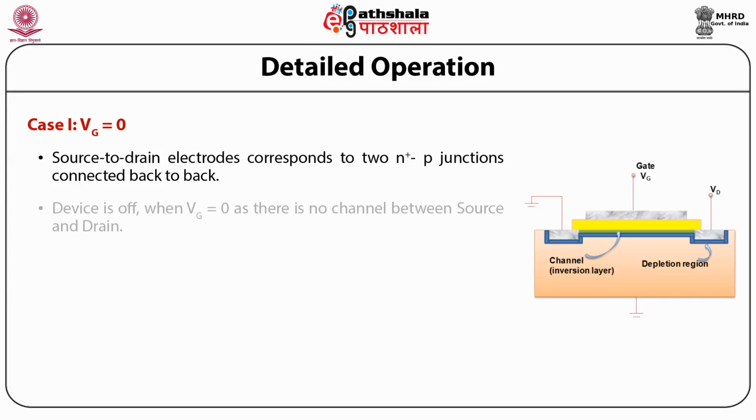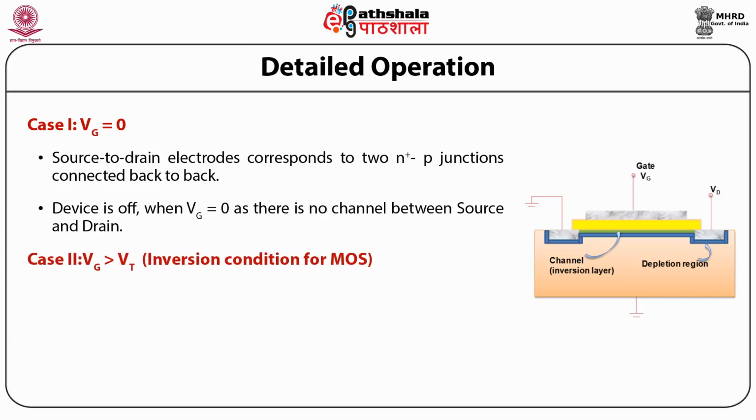So here the device is off when Vg equal to 0, as there is no channel between the source and the drain. Let us now take case 2, that is some gate voltage is applied which is greater than Vt, the threshold voltage. This is known as the inversion condition for MOS.